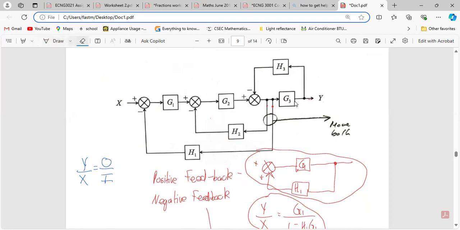So if you also cut this bar, and cut this, and move it across, you're kind of moving it outside.